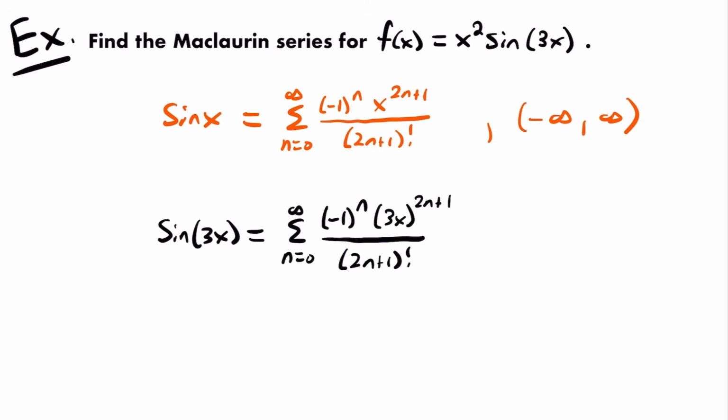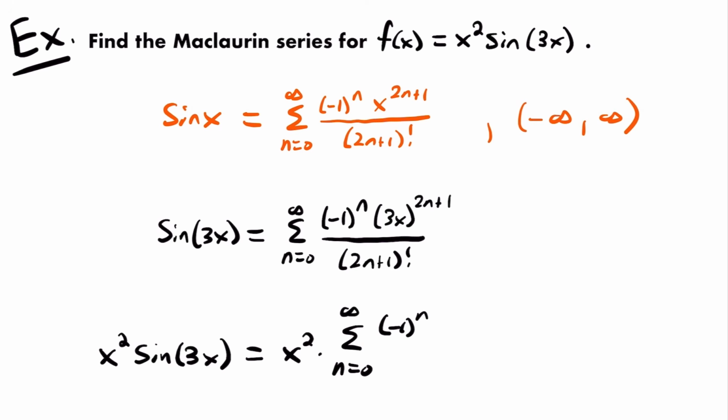But now what we have to do to get x squared times sine of 3x is to multiply this Maclaurin series by x squared. All right, and so x squared times sine of 3x, that's the function we want to find a Maclaurin series for, will be equal to x squared times the sum from n equals 0 to infinity of -1 to the power of n times 3x to the power of 2n plus 1 divided by 2n plus 1 factorial.